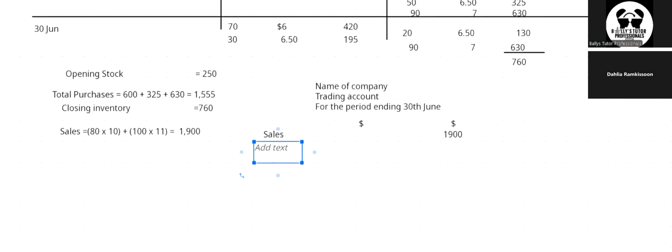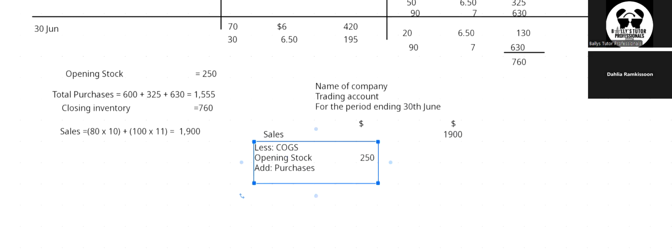I had purchases, which would be 1,555, less closing stock, which is the 760. 250 plus 1,555 minus 760 will give us a cost of goods sold of 1,045.